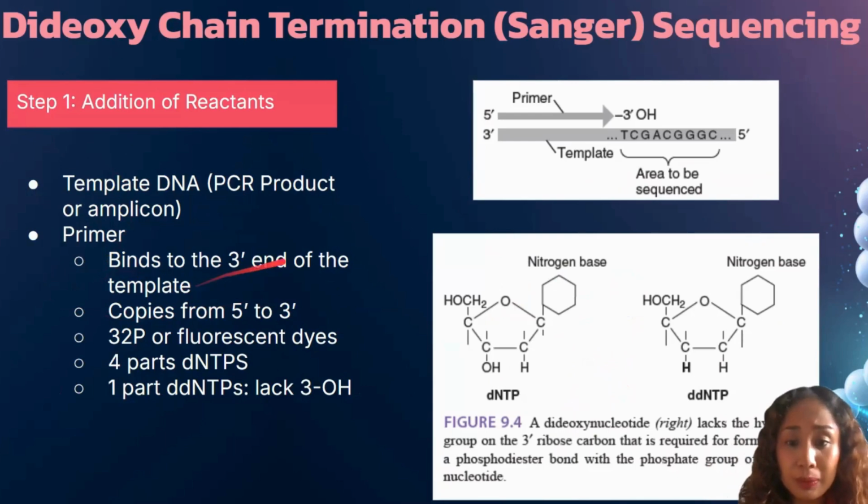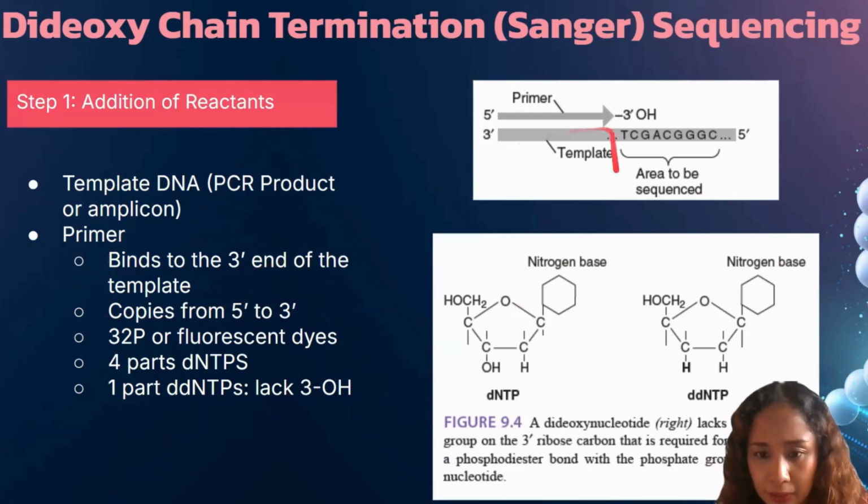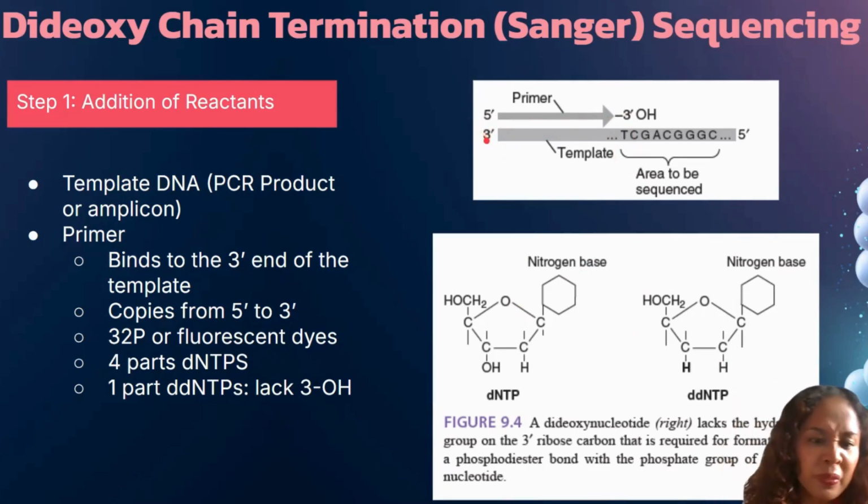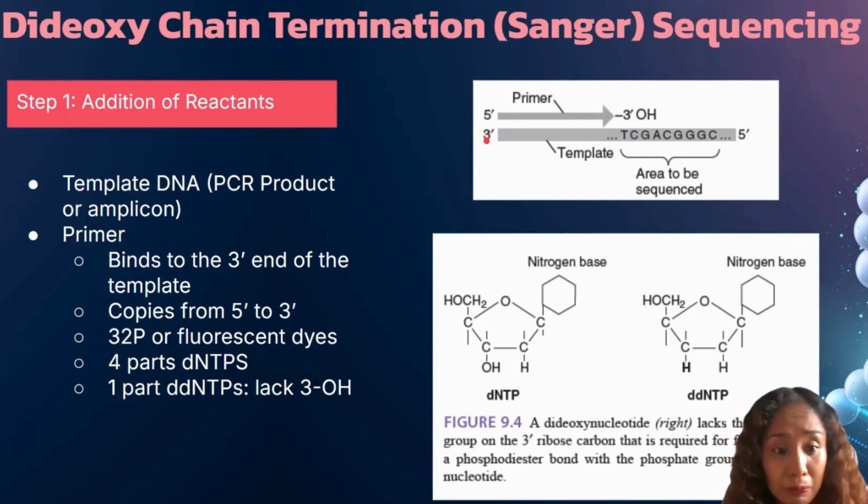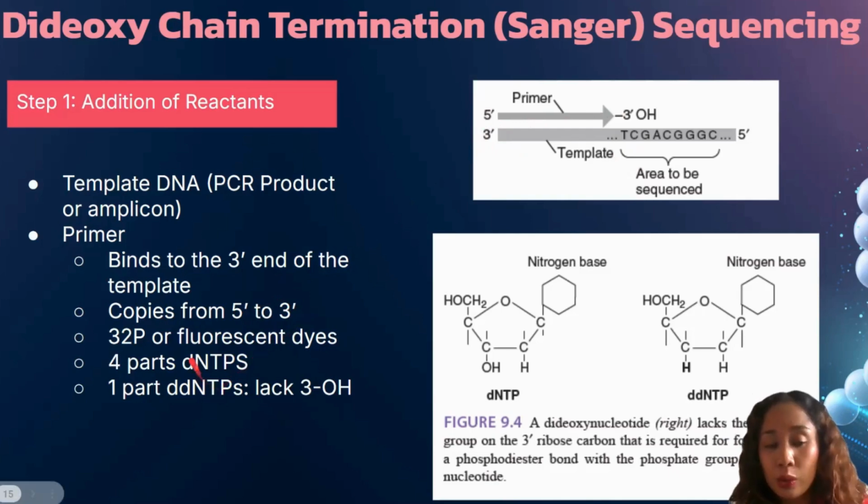The primer will bind to the 3' end of your template and copies it from 5' to 3'. They need to create a lot of copies of this. Back then, they used 32P, radioactive labels.